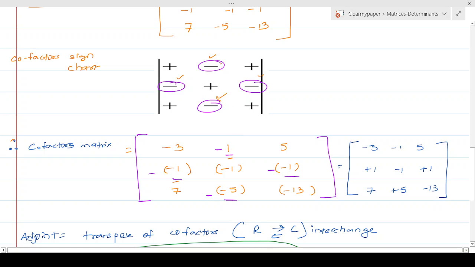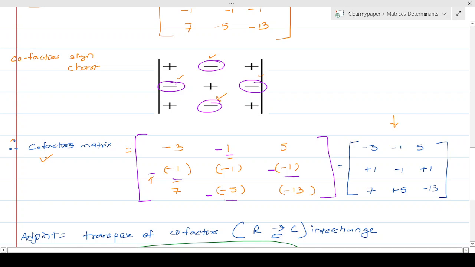I'm negating the sign, because I need to apply a negative sign to that. And remaining elements, since they are positive, I'm leaving them untouched. And once I do the net of the plus and minus, I get a clean copy of this cofactor matrix, where all the negative elements have done their magic. So that's the cofactors matrix, and that's the second step.